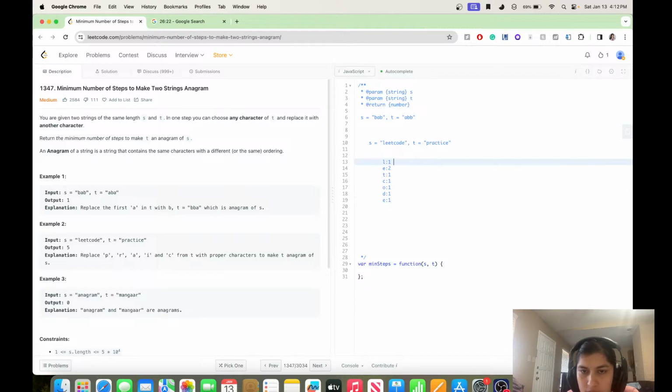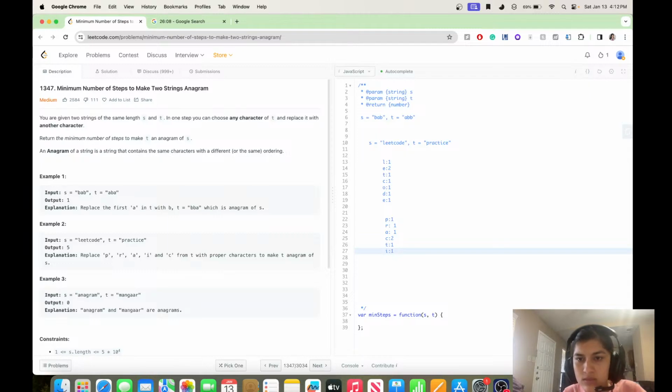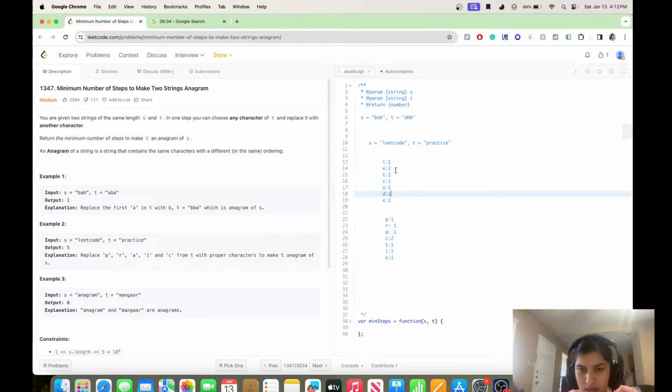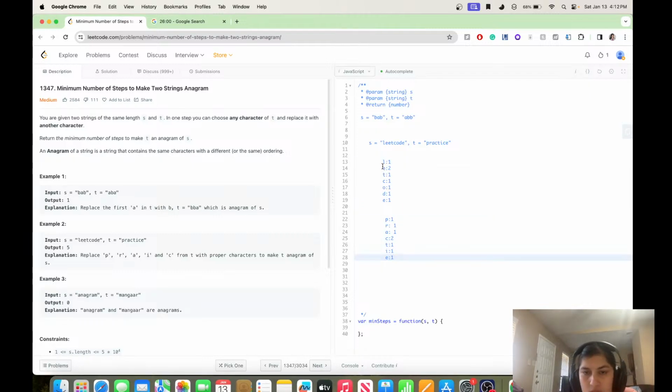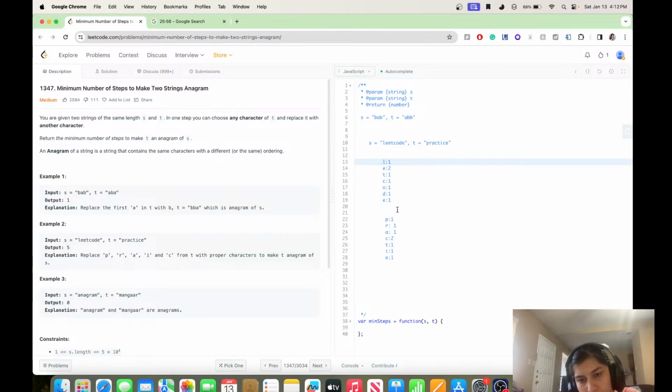And here P is coming up 1 time and R is coming up 1 time, A is coming up 1 time, C is coming up 2 times, T 1, I 1 and E 1. So we can see here L, there is no L here. So it means that I need one L here, because there is no L here.